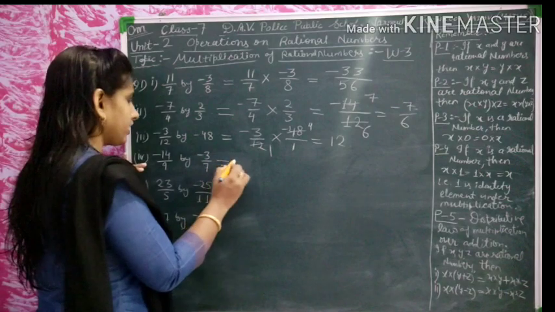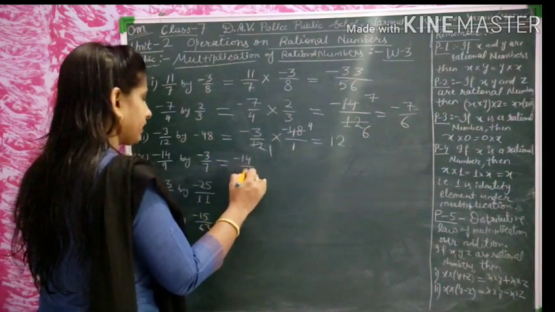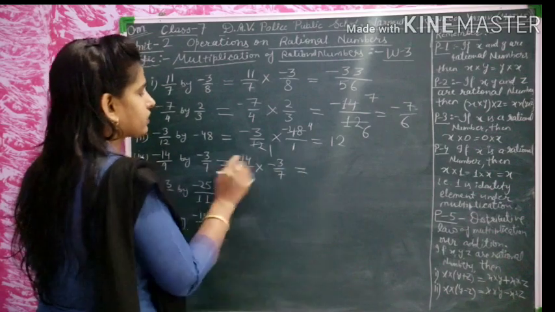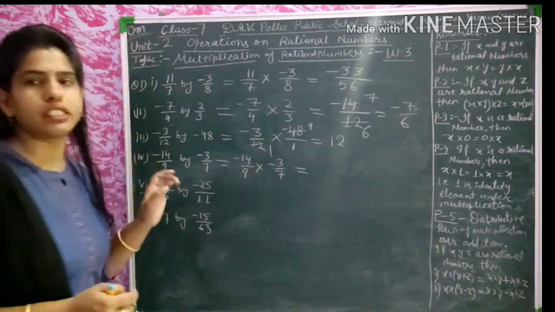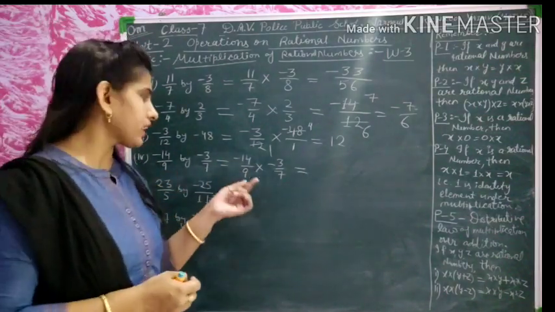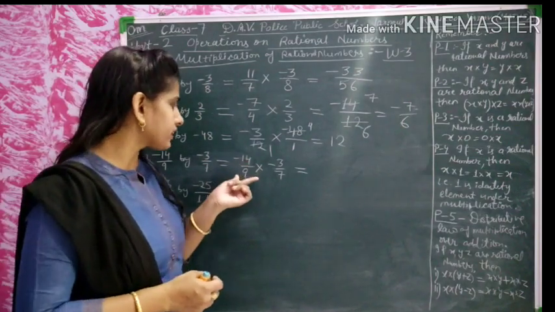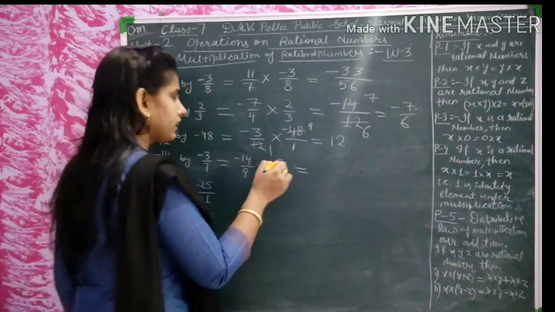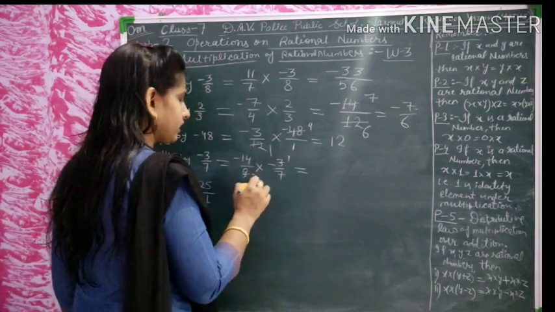There is a question here: minus 14 by 9 into minus 3 by 7. There is also a minus and minus sign, multiplying becomes a positive sign, and 14 and 7 are two numbers which are cut here, 3 1s are 3, 3 3s are 9.